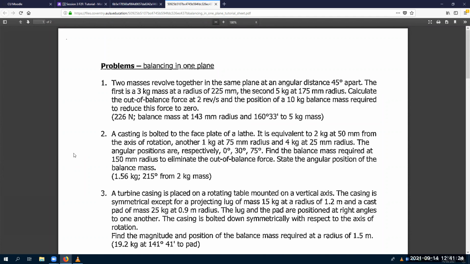Mass 3 is 4 kilograms at 25 millimeters radius and 75 degrees. Mass 4 is the balance mass required at 150. So we know that it sits at 150 millimeter radius, but we don't know how much M4 is and theta 4. So we still have two unknowns.